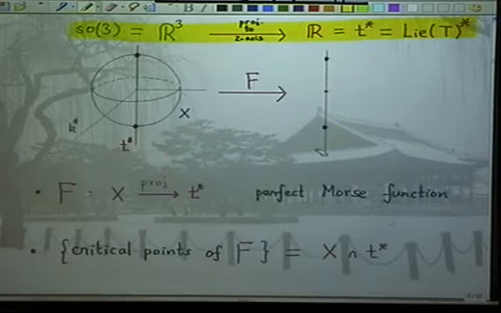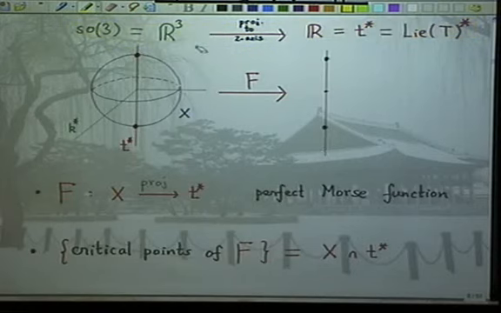So if you restrict the moment map to the maximal torus, the moment map corresponds to the projection to the T direction. In this particular example, the Cartan subalgebra T is just the z-axis, the last coordinate.